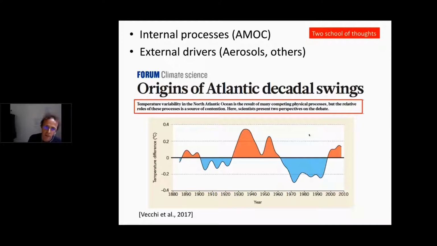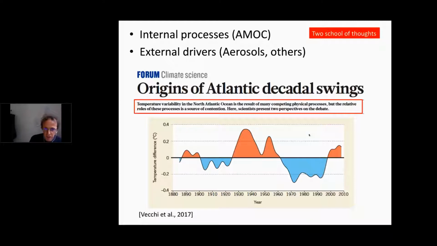Something arising from, for example, aerosols, but other studies also point to possible impacts of volcanoes or solar variability. So there has been some challenge going on. Many studies have started to challenge the dominant paradigm, so that the AMOC may not necessarily be the major driver, and other factors may come into play.